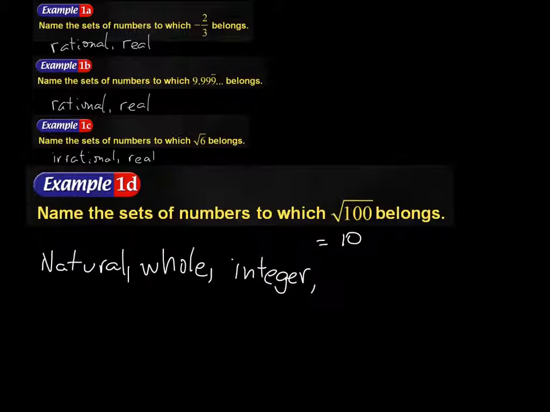And all integer numbers are also rational numbers. And all rational numbers are all real. So if we get a nice easy number like that, we get a long list of categories it falls into.